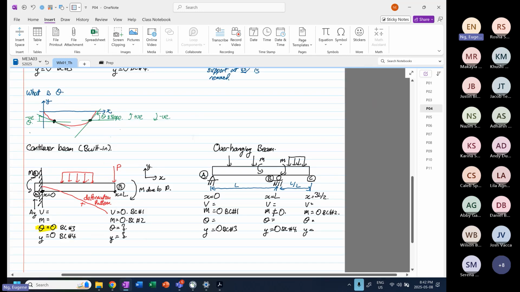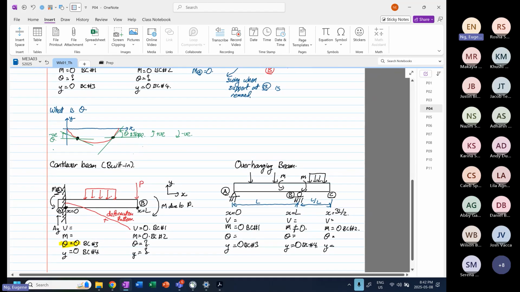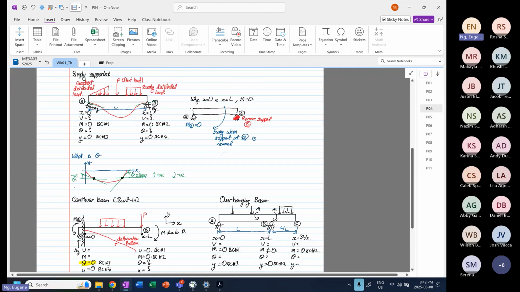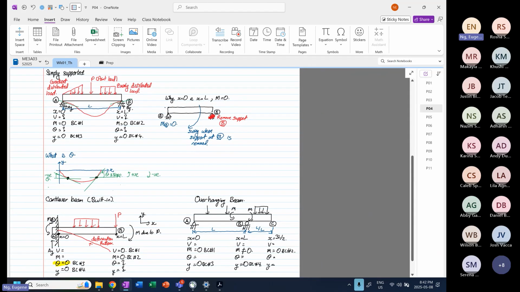These are the most commonly supported structures: simply supported, cantilever beam, and overhanging beam. But more important is knowing when moment is equal to 0, when moment is not equal to 0, and under what condition shear force is equal to 0.